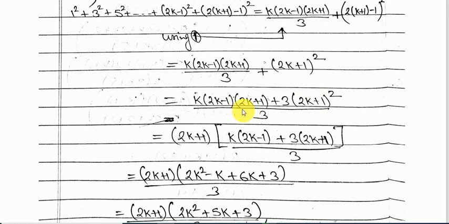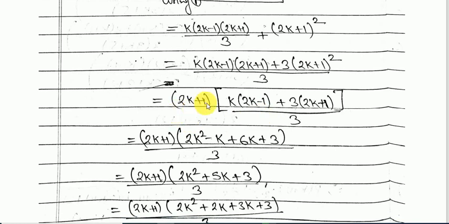Okay, you can see in the numerator 2k plus 1, 2k plus 1 is common in both, so take it out. So you got 2k plus 1. Inside the bracket you are left with k times (2k minus 1) plus 3 times (2k plus 1) upon 3. Okay, open the bracket, you get 2k square minus k plus 6k plus 3 upon 3 here.